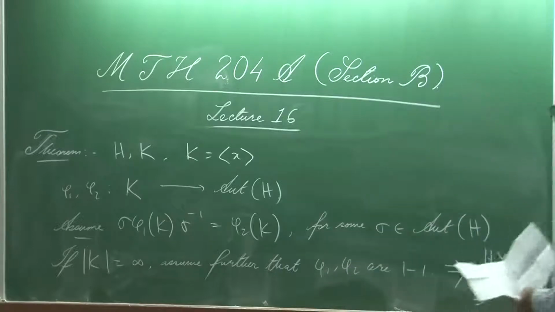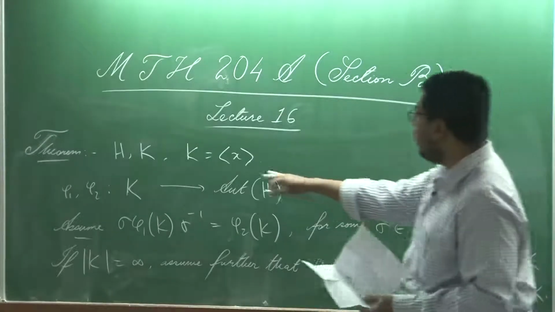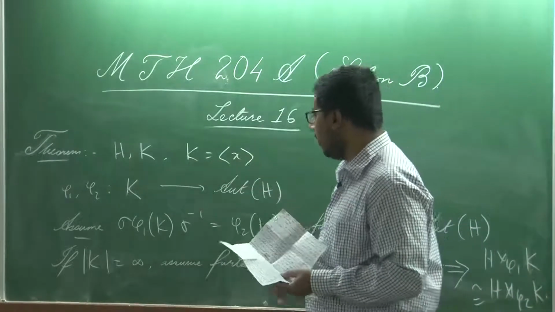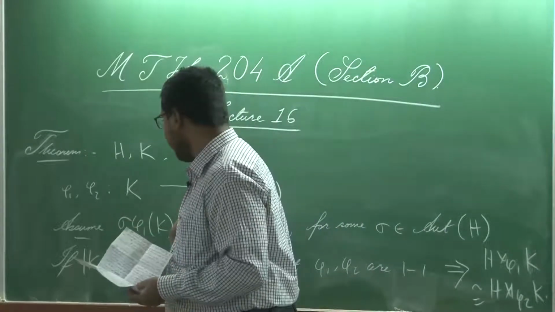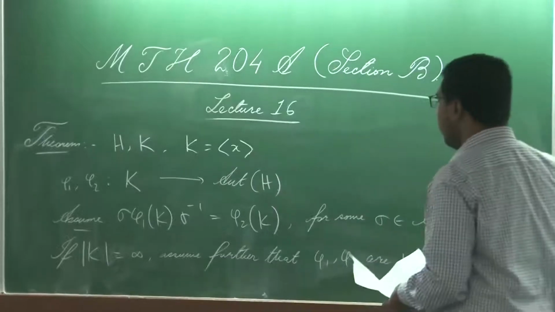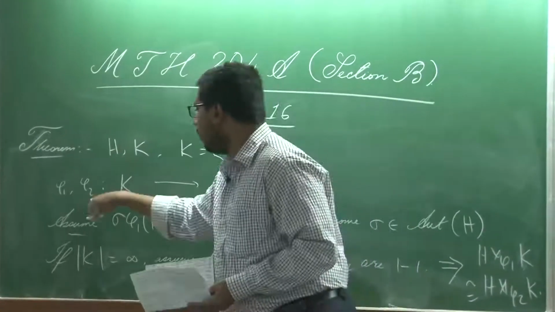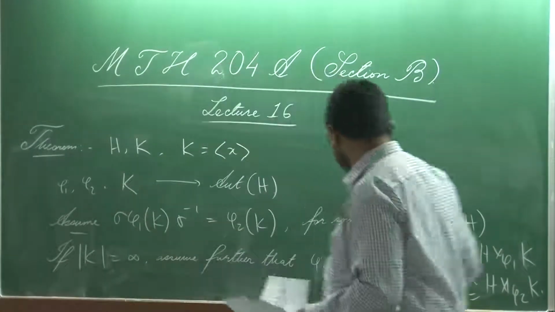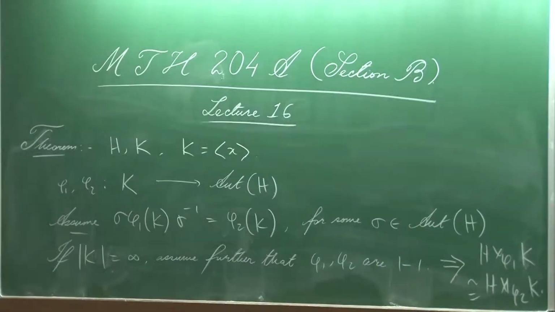So this shows that if K is cyclic and the images are conjugate, and of course another assumption when K is infinite, then though the homomorphisms could be different, the semidirect products will be isomorphic.